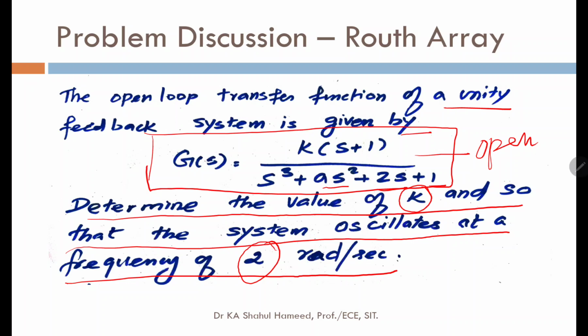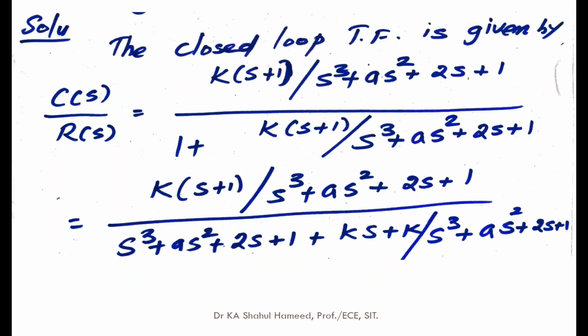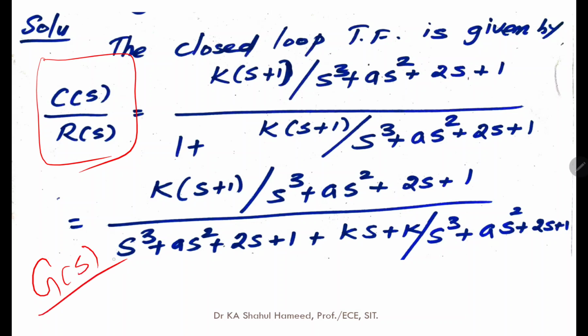So, first step is to find the closed loop transfer function. The closed loop transfer function is given by C(s)/R(s) = G(s) / (1 + G(s)H(s)). Here H(s) is equal to 1 because of unity feedback.